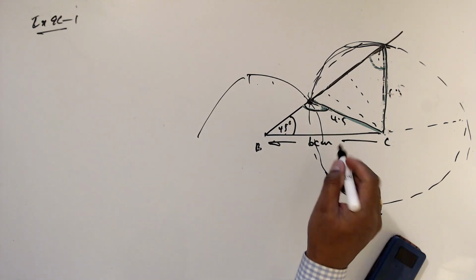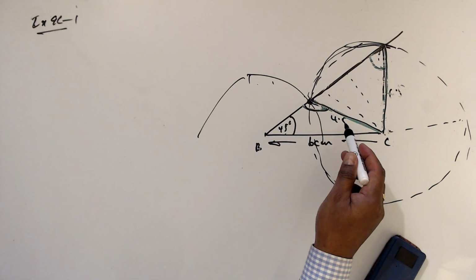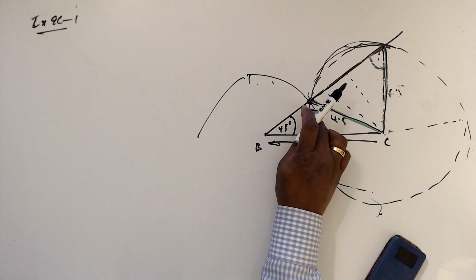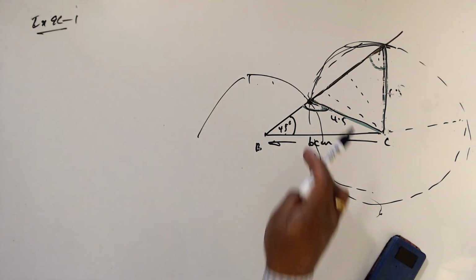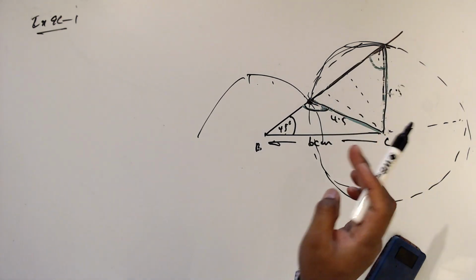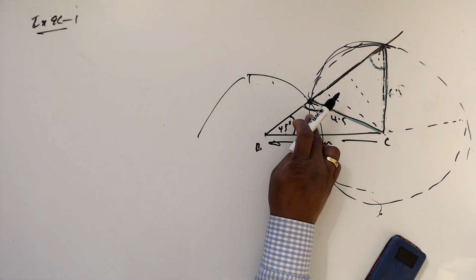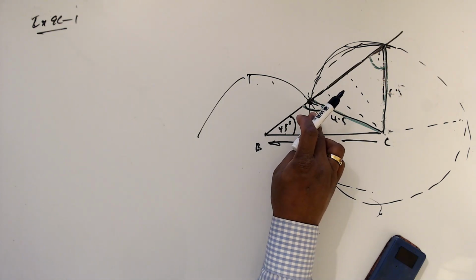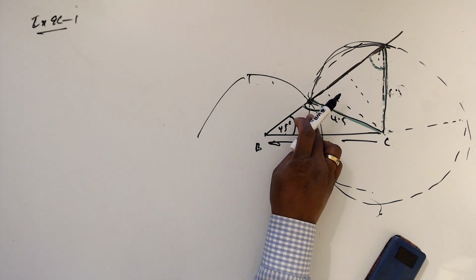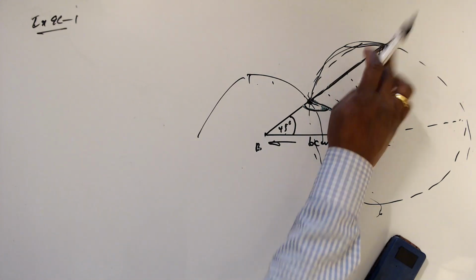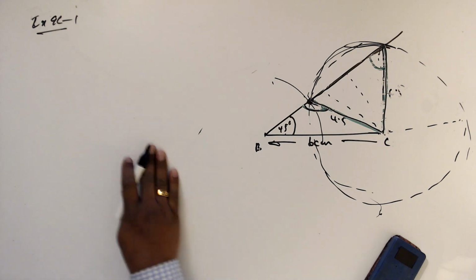Now I can write the sine rule. I have two pairs, and I have one length, I can find this angle. If you get an acute angle less than 90, it means you got this one. If you get the obtuse angle, then you have to get this one. So we'll work now.